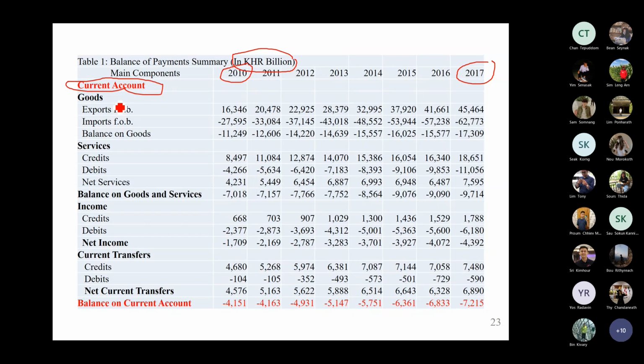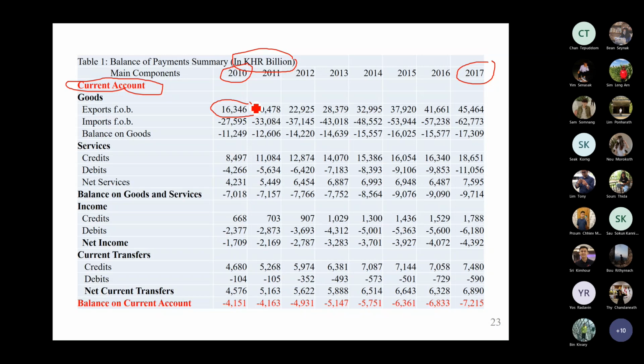We see, for example, in the year 2010, our country exported about 16,000 billion, which is about 16 trillion riels, to the rest of the world. That is the amount that we exported in the year 2010.